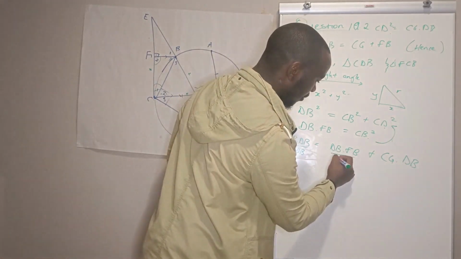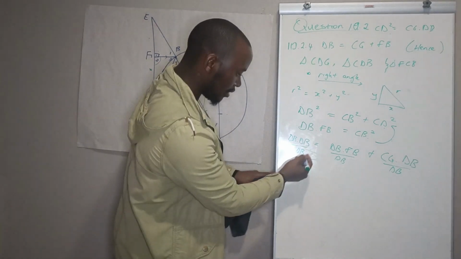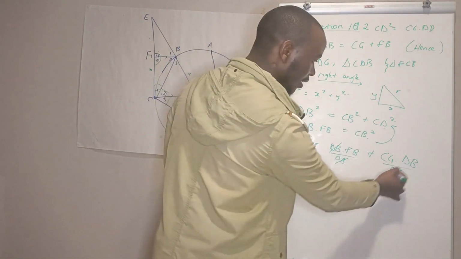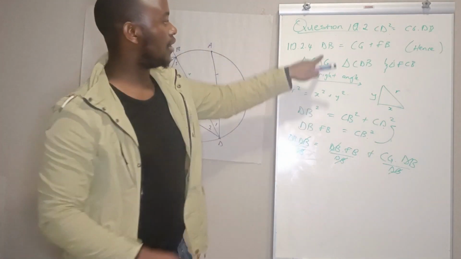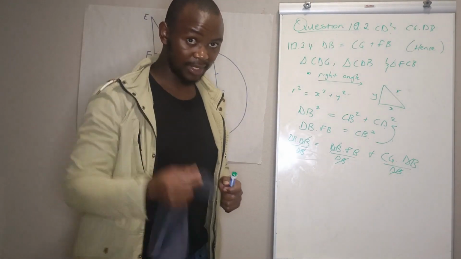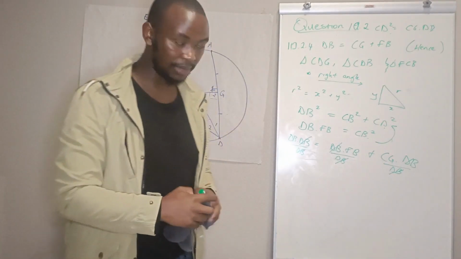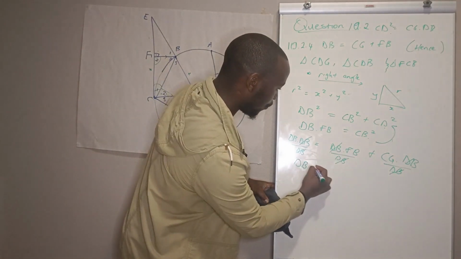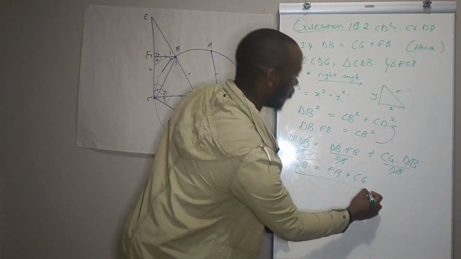If you divide here by DB, divide by DB. What this means is that this DB will cancel one DB, this cancelling this, this cancelling this. Why did I have to cancel one DB there? Because this equation that we have here is not in the squared format. We are talking of one DB, which is not two times. And so therefore, we are left with DB here equals FB plus CG.